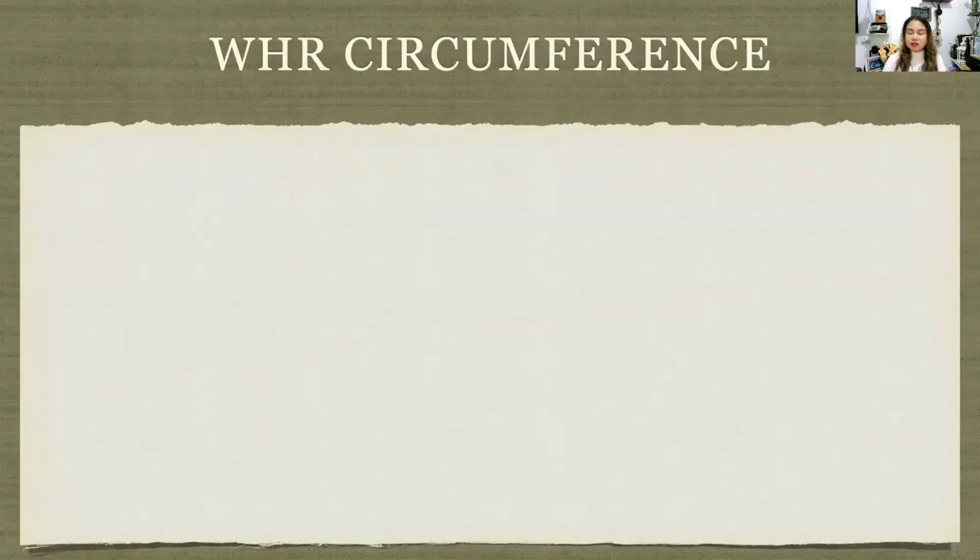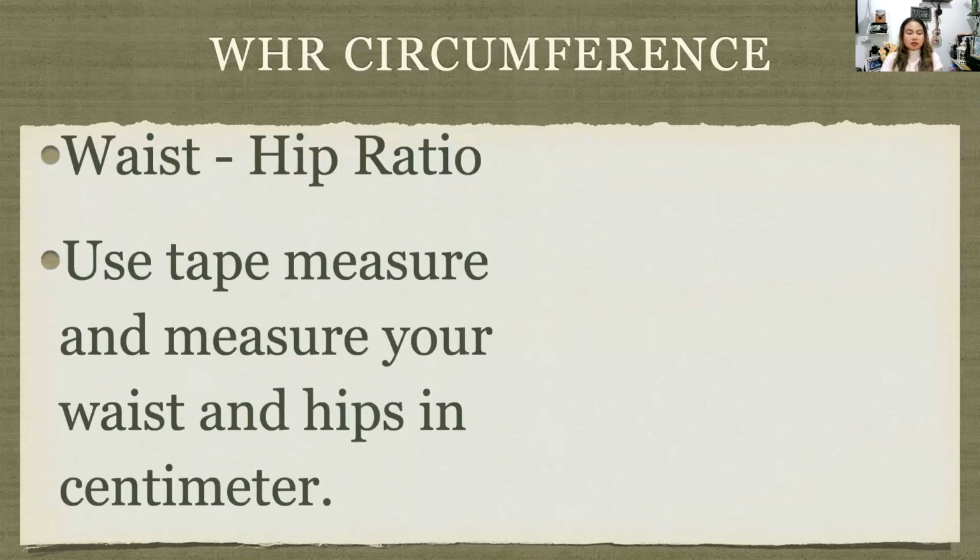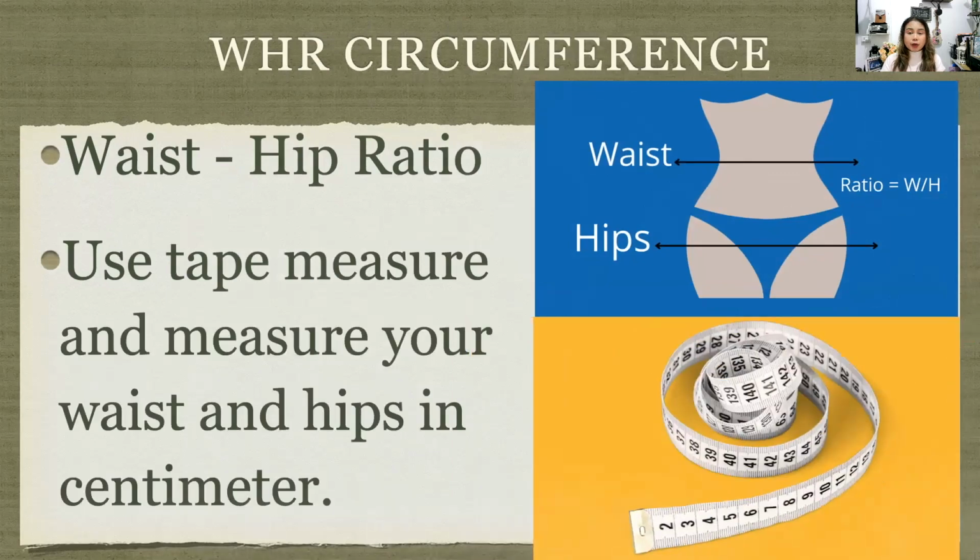Moving on, the next way for us to maintain our body composition is the WHR. WHR stands for the waist-hip ratio. So for the waist-hip ratio, we need to have a tape measure as a device in order to measure our waist and the hips.